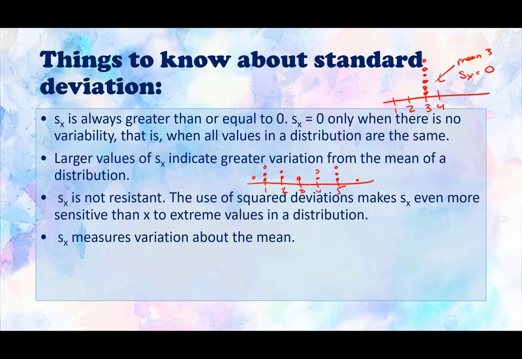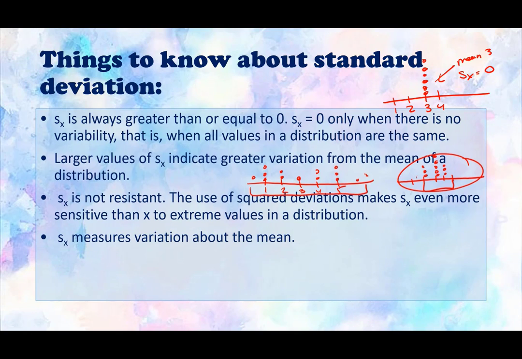So this has a pretty large standard deviation, instead of something that looks like this. You see how everything here is close together? These ones are more spread apart. So the standard deviation is larger in this one compared to this one.